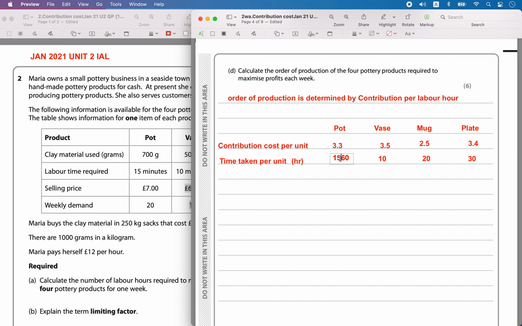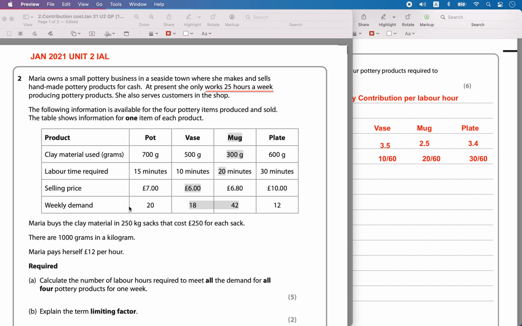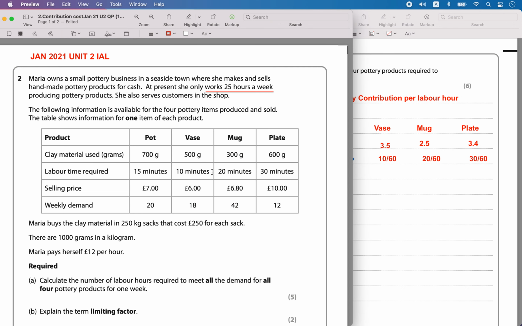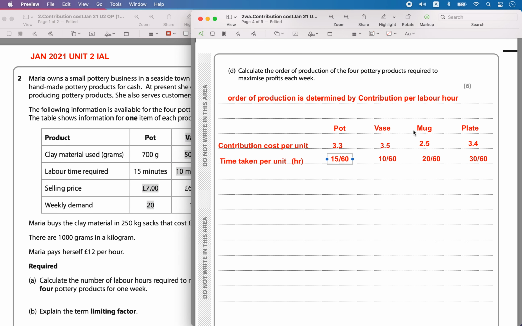The time required for making one pot is 15 by 60 hours, for one vase is 10 by 60 hours, for the mug it is 20 by 60 hours, and for the plate it is 30 by 60 hours.